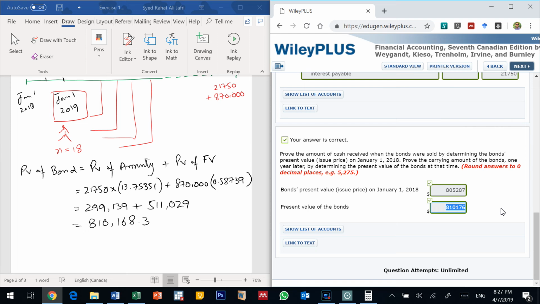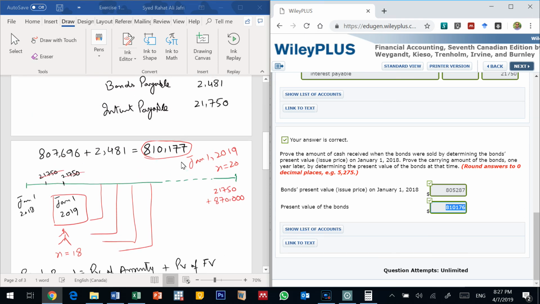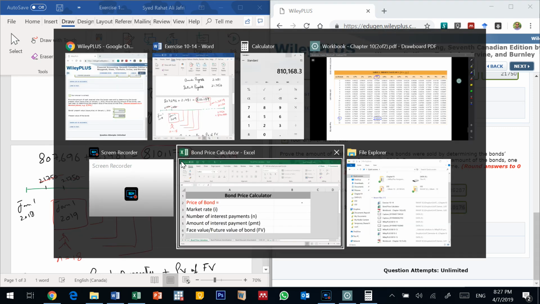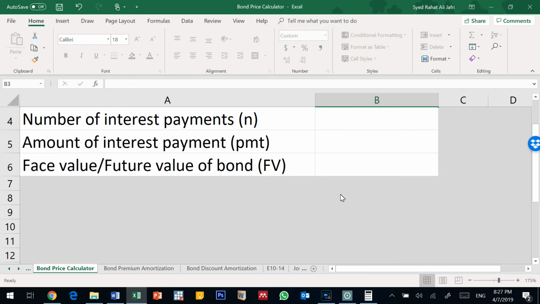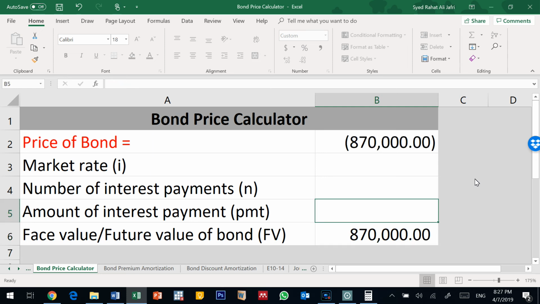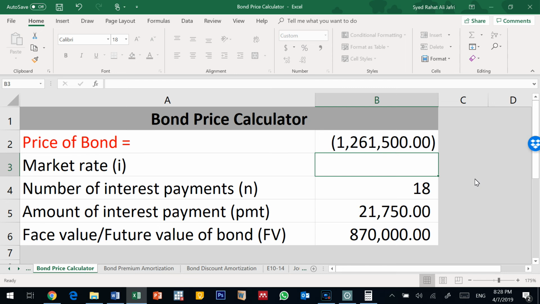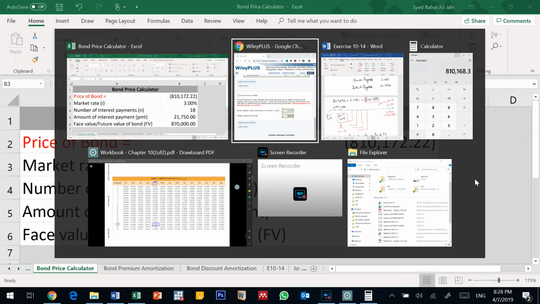How I came up with my answer, maybe through this method which I showed you, or I used my Excel sheet. What I did was compute the PV of the bond using the face value, the amount of interest payment, which was 21,750. Now my number of payments is 18, and interest is 3%. So 810,172.